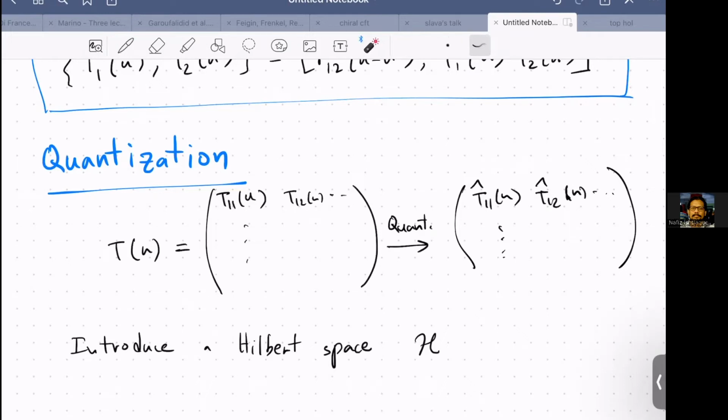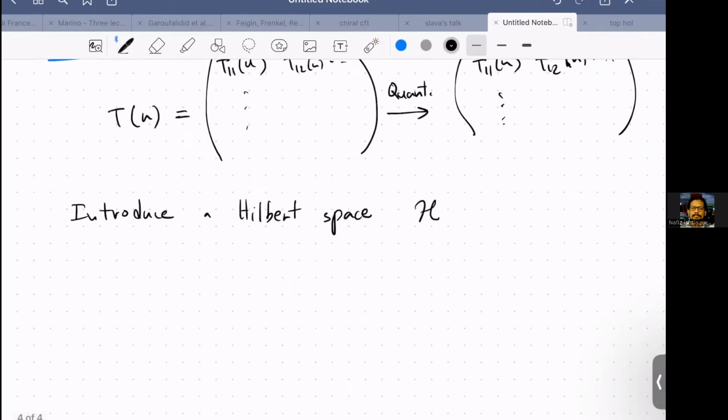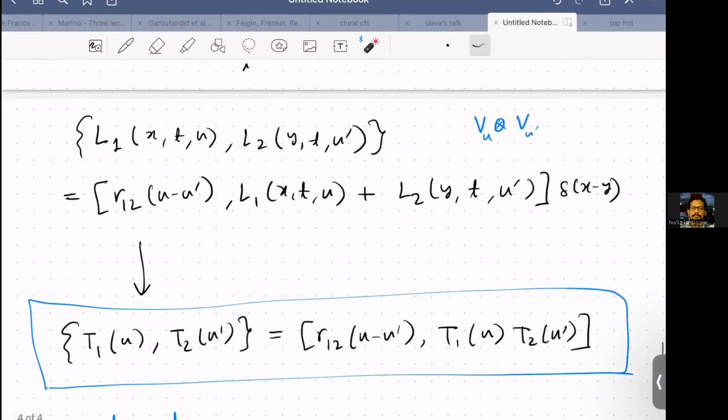Now these are acting on the Hilbert space, that's fine. But what about the full T of U? What is this acting on? The answer is that T of U acts on this Hilbert space tensored with this auxiliary space that we have.